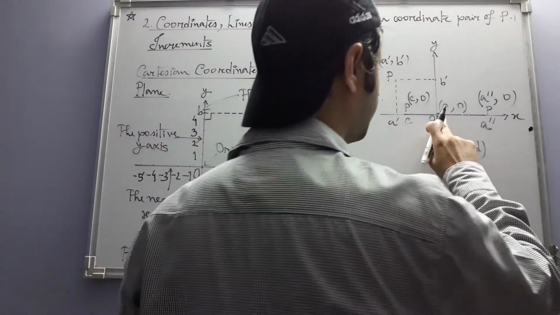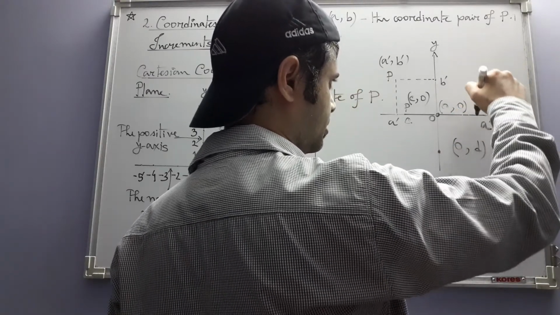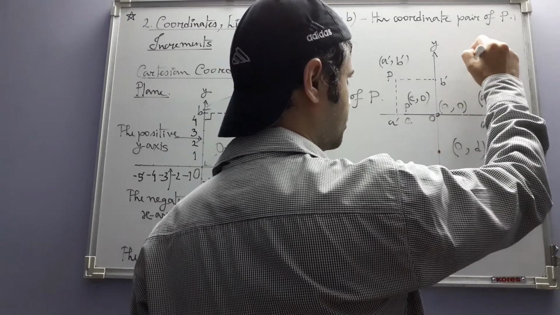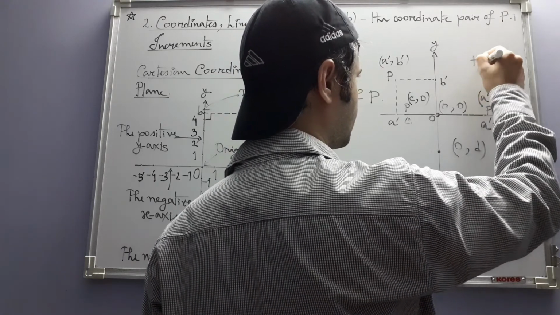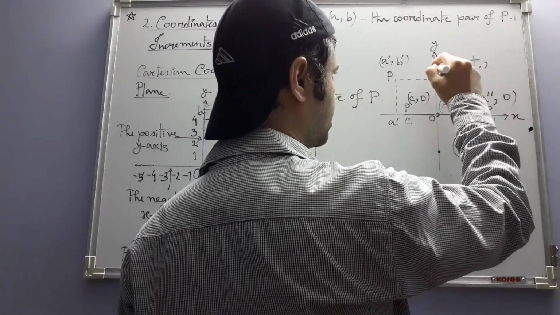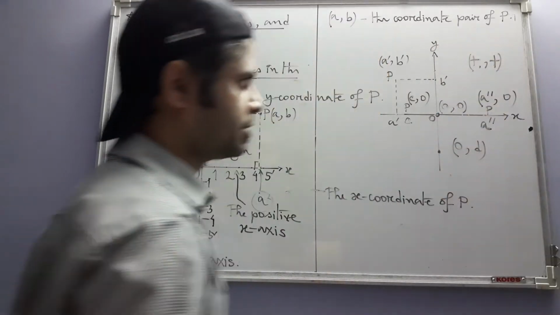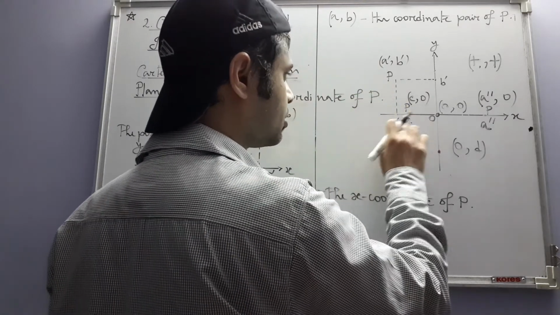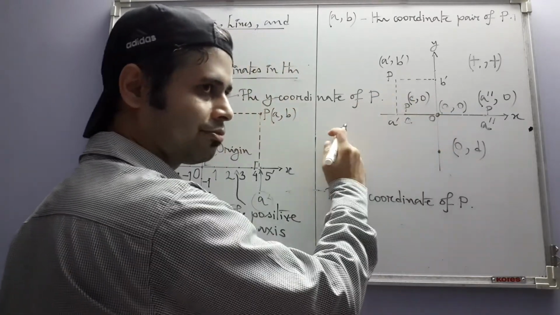You can see that if you have your point here, then the x coordinate is this foot. So that is a positive real number. So in the coordinate pair, the x coordinate is positive. What about the y coordinate? You will draw a perpendicular like this, so the y coordinate is also positive. If you have your point here, then the x coordinate is this, and it's a negative real number. It lies to the left of 0.